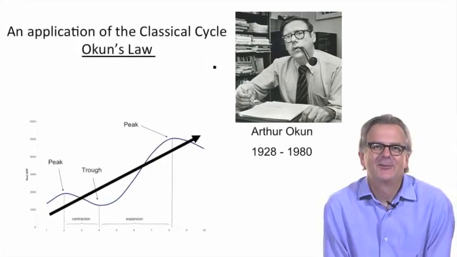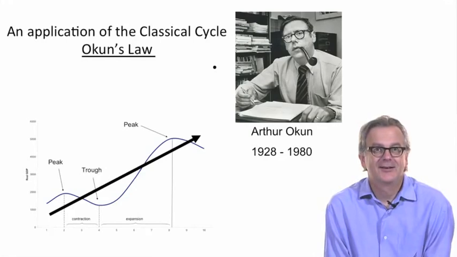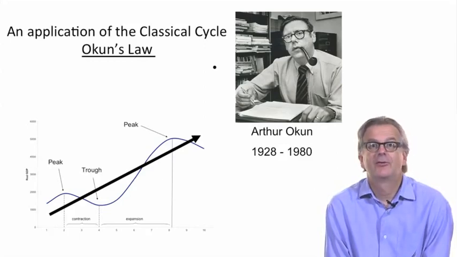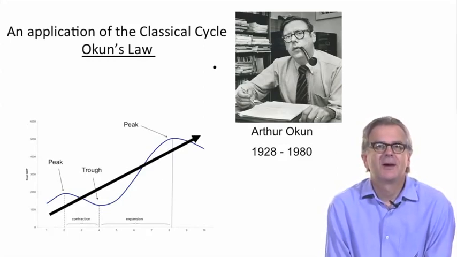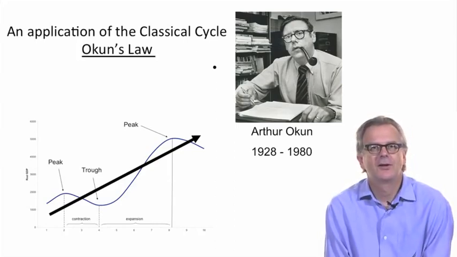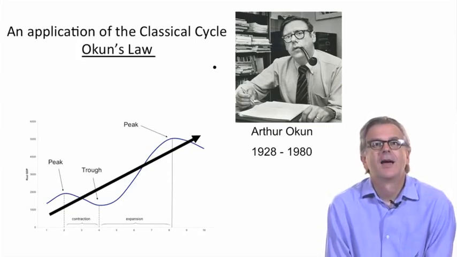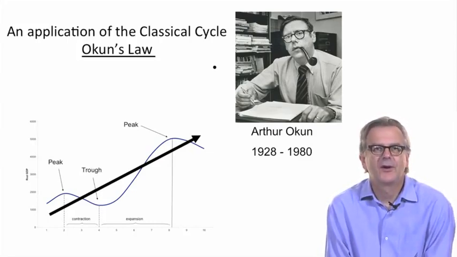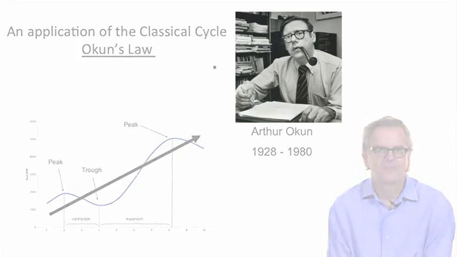What Okun did was a statistical analysis of the United States economy, seeing if there was an exploitable or meaningful relationship that might exist between these deviations of GDP around its long-run trend, between the business cycle, in other words, and with what was happening to unemployment, specifically with deviations of unemployment around a concept known as the natural rate of unemployment.